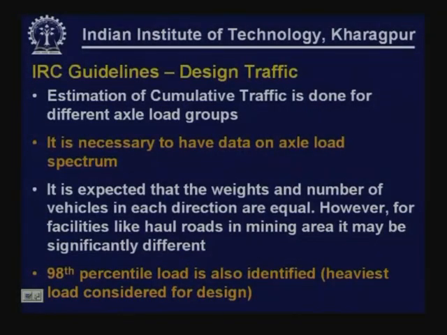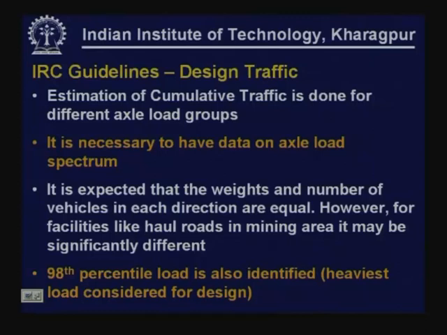The estimation of cumulative traffic is done for different axle load groups. We have to classify all the axle loads and find out, for each axle load group, the percentage of traffic, or how many repetitions of axles are going to occur during the design life period. This number is required.